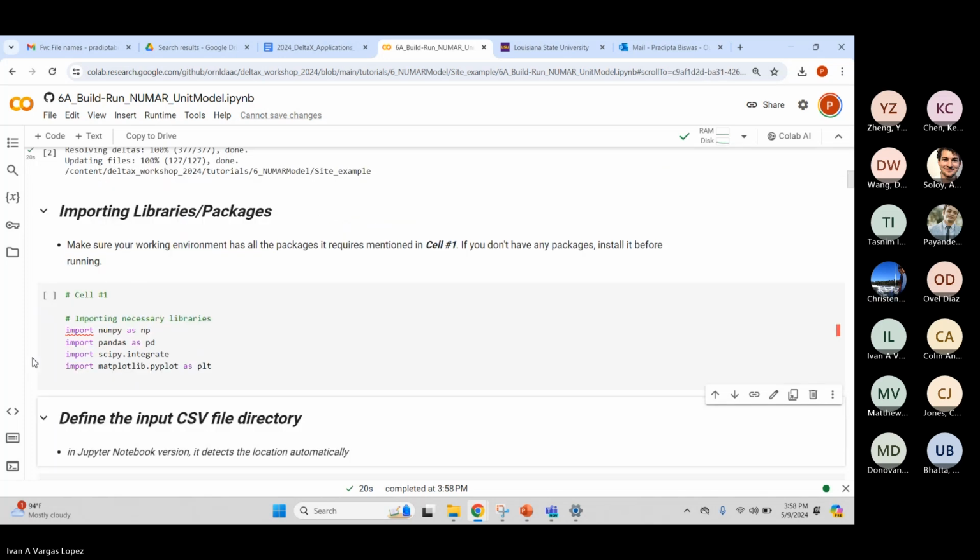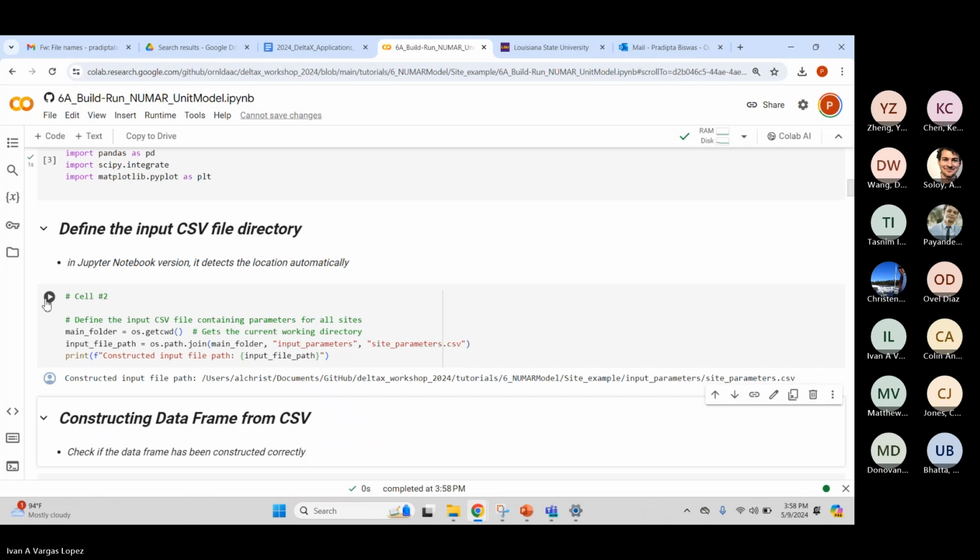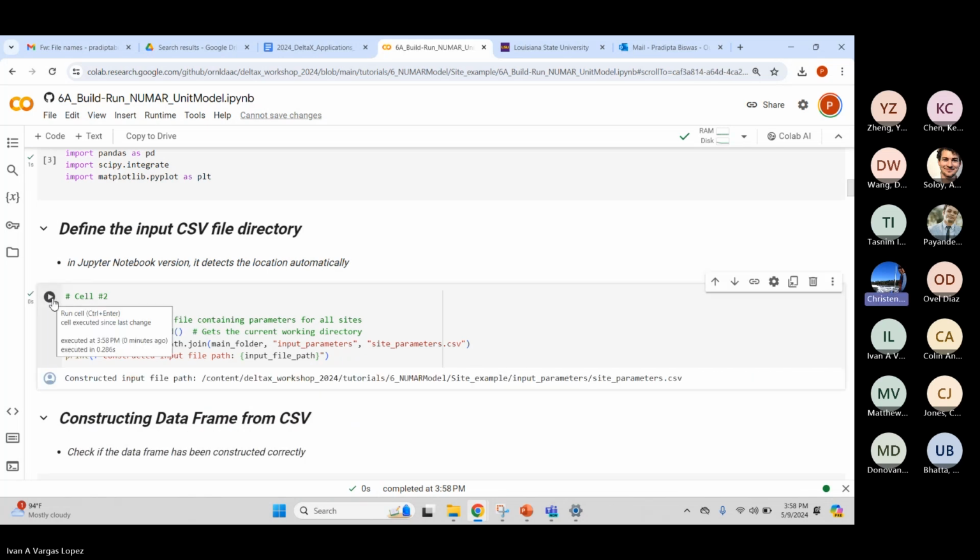After that, keep running the cells. It will give you the output. The next cell will construct its path.